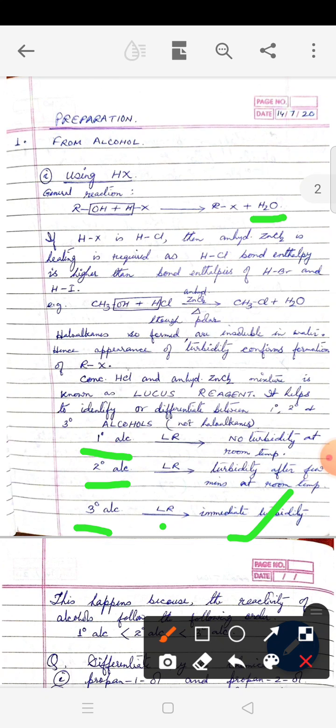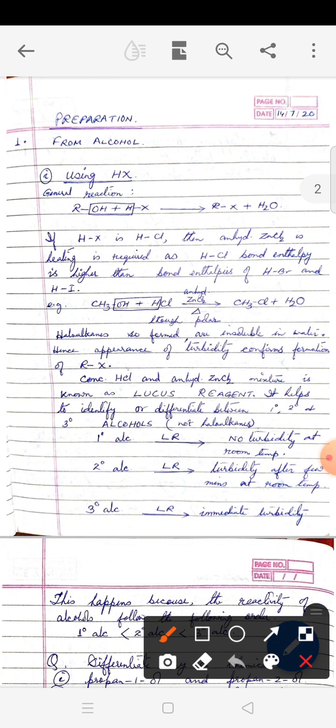So if I give you 3 different test tubes containing 3 different types of alcohols and ask you to identify which one is what, you need to add Lucas reagent in all these 3. Wherever you find that immediate turbidity is appearing, you can conclude that that is tertiary. The other one in which turbidity appears after a few minutes, in your textbook you will find it's written 5 minutes.